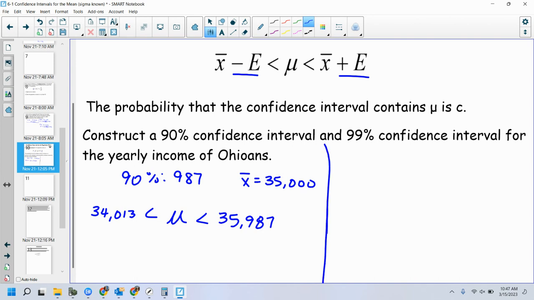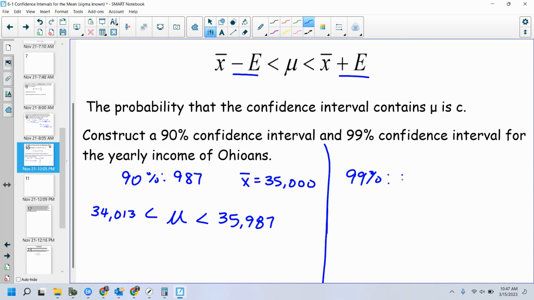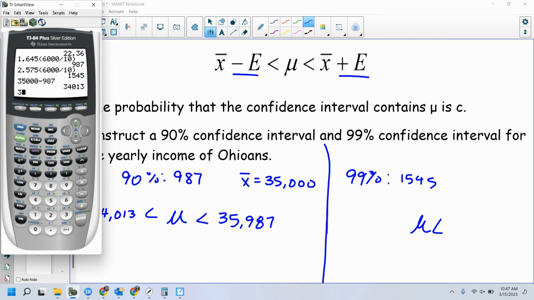Okay. 99% confident would do that exact same thing, but now I'm using that 1545. So mu is going to have a wider range of values. 35,000 plus 1545, and then 35,000 minus 1545.